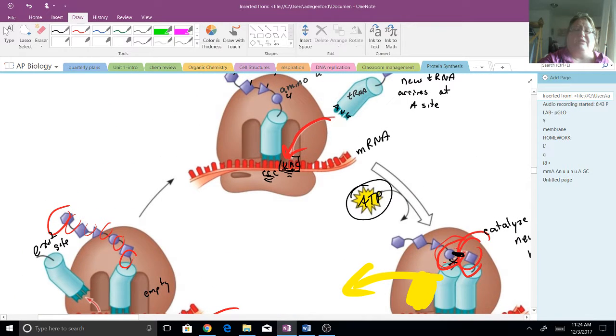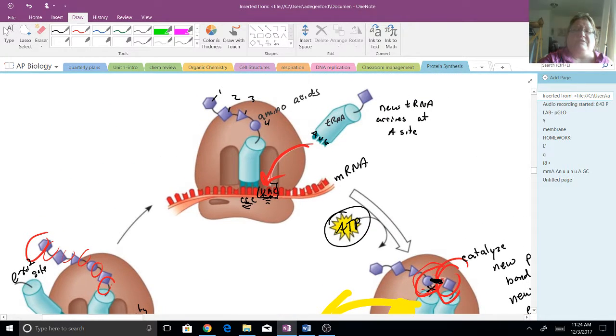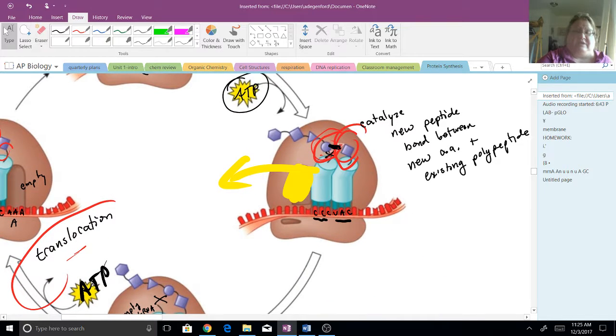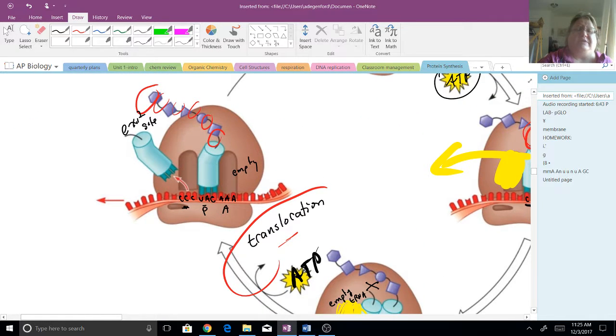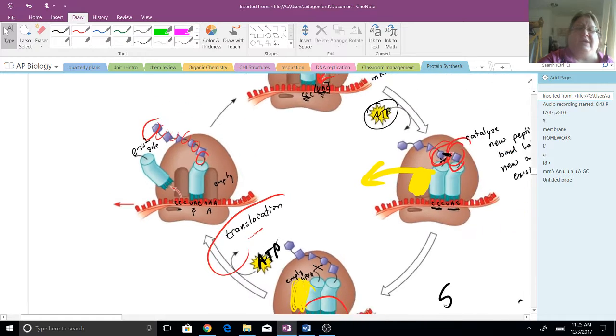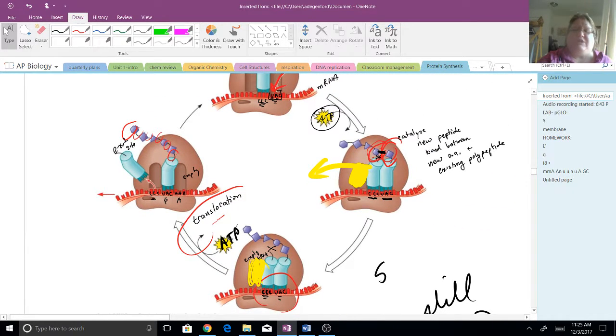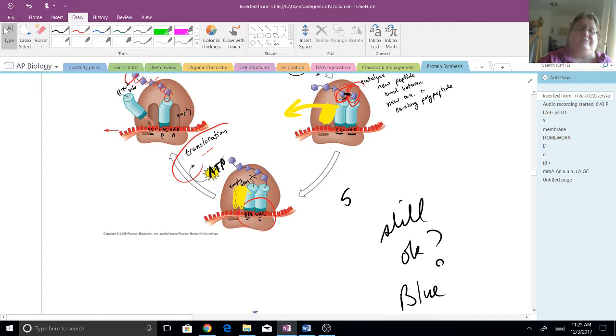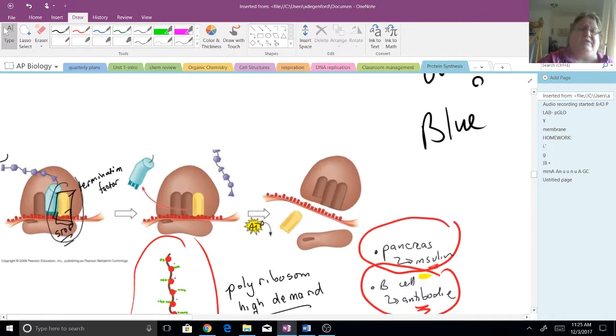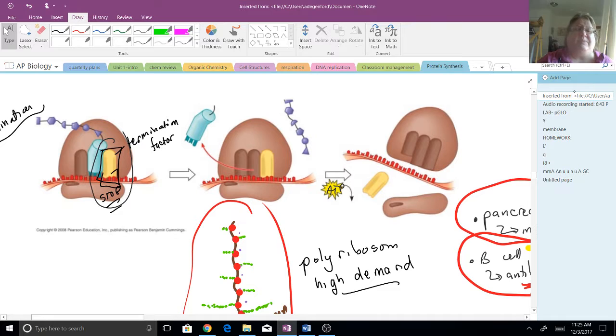Now that it's empty, you can guess what happens. You'd have a new tRNA molecule bringing the appropriate amino acid, catalyzing the bonds, breaking the bond to the polypeptide, and then the tRNA molecule leaving. So in this way, as long as it keeps going, you're going to continue to grow that polypeptide. Now, eventually you get to the point where you have a stop codon.